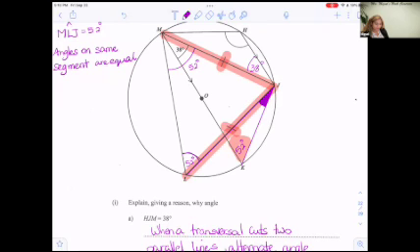So if that is 52, how much is this little piece here? 14. All right, so we're getting somewhere. Here's 14.